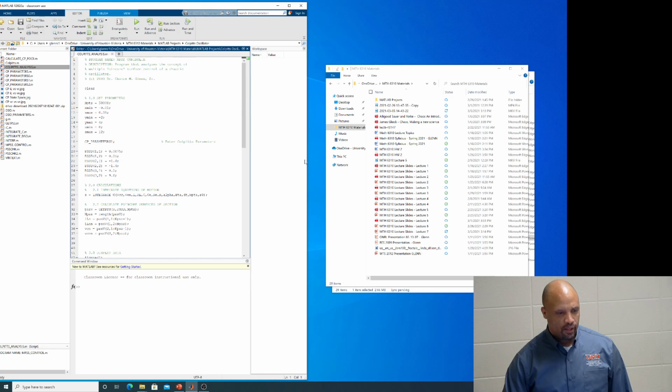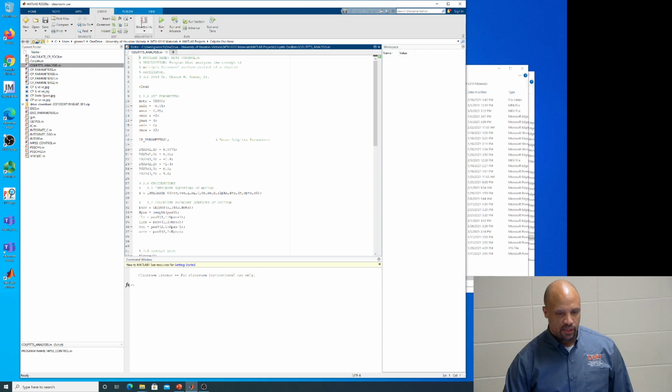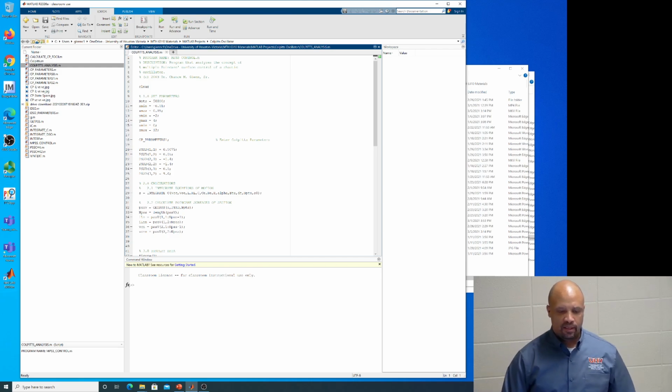I don't know if I can actually make the wording bigger so you can see it from here, but I'm going to also make sure that this code is there for you to look at. But this will run the code; it will integrate the equations according to a set of parameters.